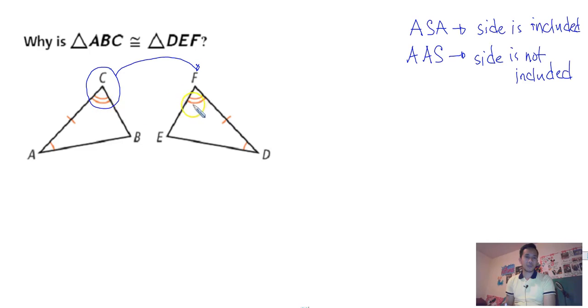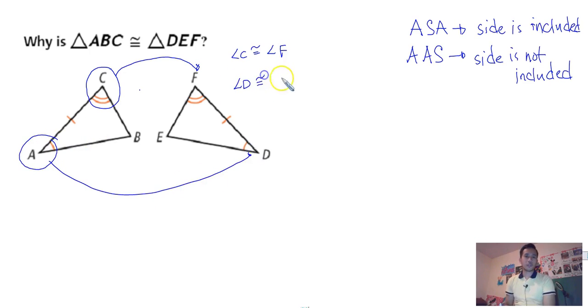If you see that symbol, it means they are congruent, so angle C is congruent to angle F. Another one is this angle here: angle A corresponds to angle D, so angle A is congruent to angle D. Now, yes, they have the same criteria, two angles and one side.